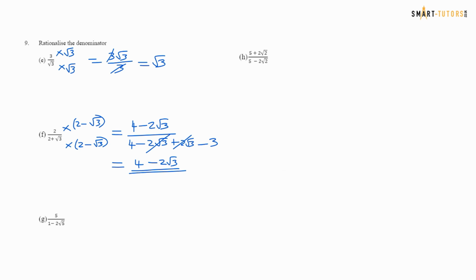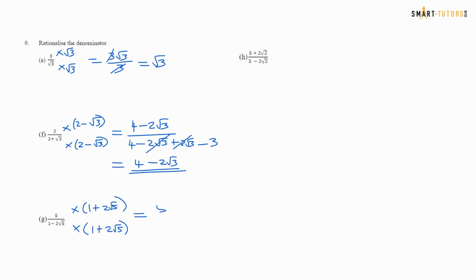G is 5 over 1 minus 2 root 5. So for rationalizing the denominator, times by 1 plus 2 root 5, and times the top one by 1 plus 2 root 5.